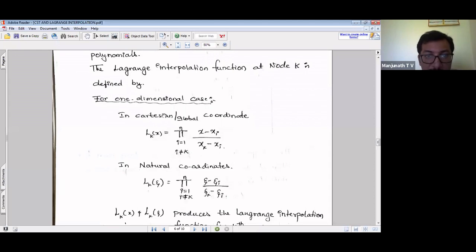The condition for Lagrange's interpolation function is i not equal to k, which means the kth coordinate value must not be equal to the remaining coordinate values. If it is equal, then this Lagrange's interpolation function is not applicable.